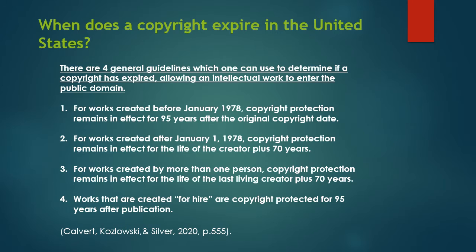Works created by more than one person have copyright protection remaining in effect for the life of the last living creator plus 70 years. Works that are created for hire are copyright protected for 95 years after publication.